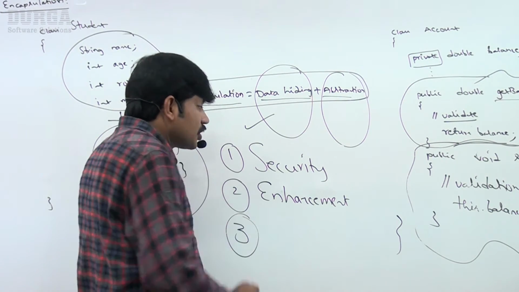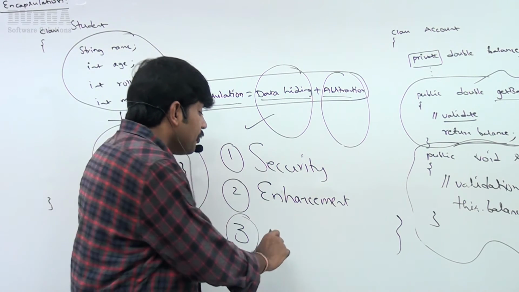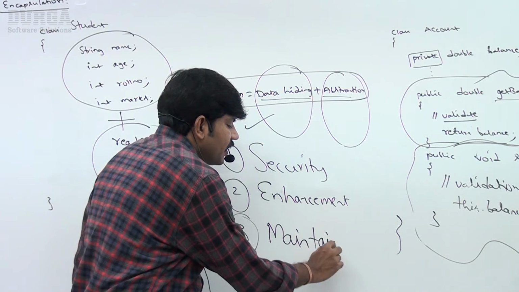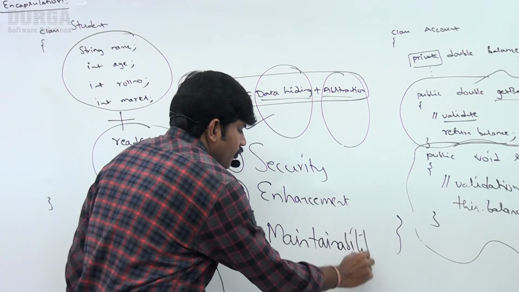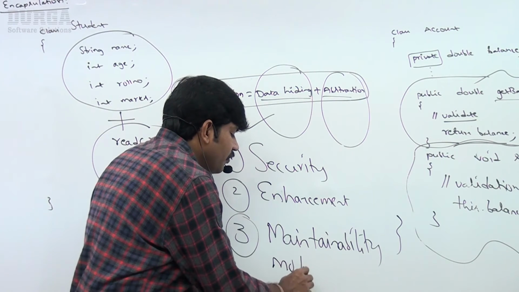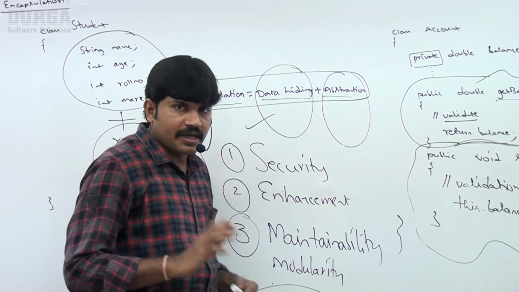Enhancement. Okay. Third one, sir, the biggest thing what we are going to get, maintainability of the application. Modularity of the application will be improved. Are you getting? Maintainability will be improved, modularity of the application will be improved, sir. These are the advantages of encapsulation.